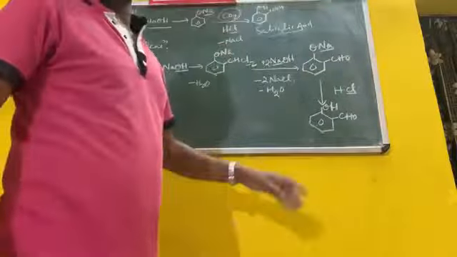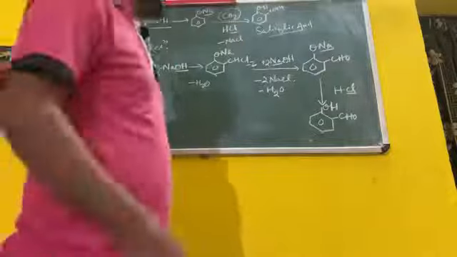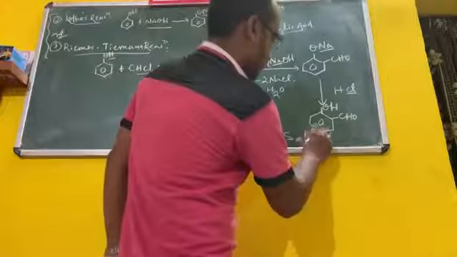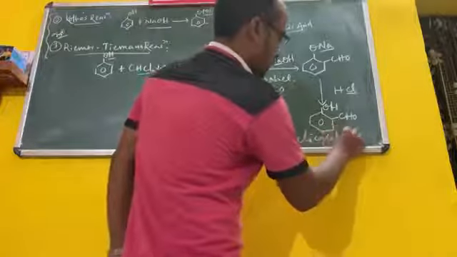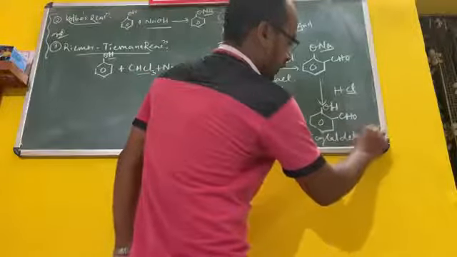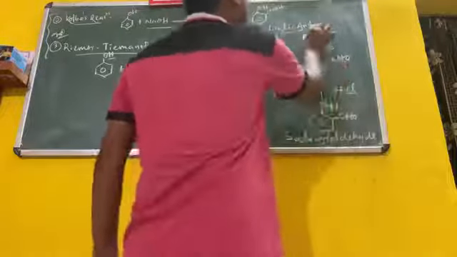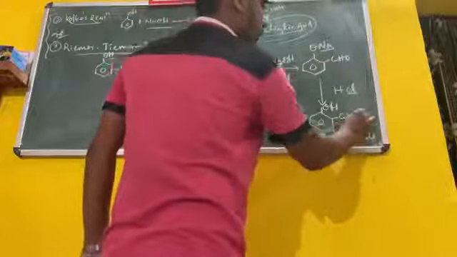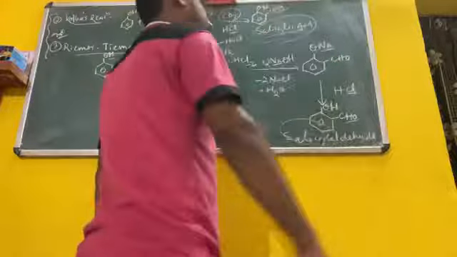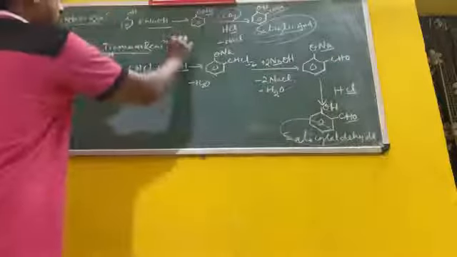This one is not salicylic acid, this one is salicylaldehyde, because here is an aldehyde, and there a carboxylic acid. So this is your Reimer-Tiemann reaction.